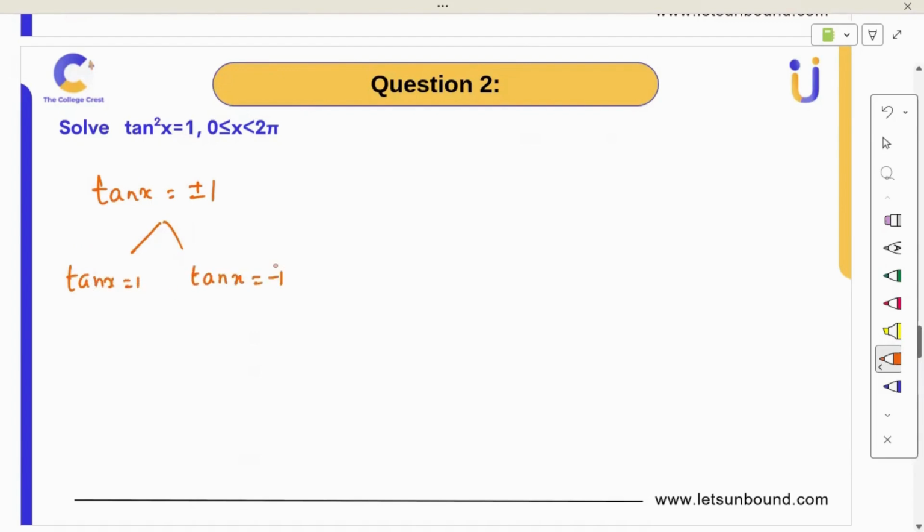Whenever you see tan x equal to 1, it deals with pi by 4. So the reference angle is pi by 4. First, let me solve tan x equal to 1.